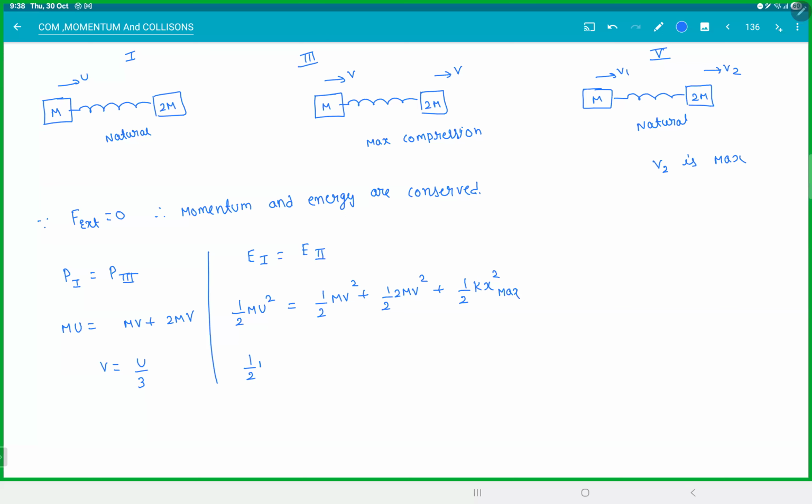This would be half mu square minus 3 by 2 mv square, which is u square by 9, is equal to half kx square. This half will go off everywhere. You end up with 2 by 3 mu square equals kx square. We have x max is equal to root over 2 by 3 mu square by k.